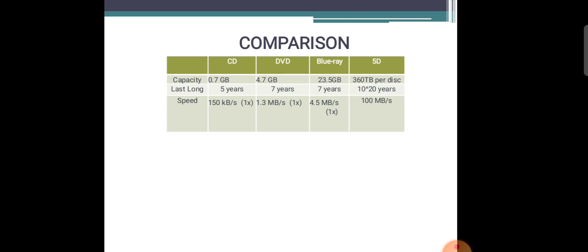Speed: CD 150 kilobytes per second, DVD 1.3 MB per second, Blu-ray 4.5 MB per second, 5D 100 MB per second.